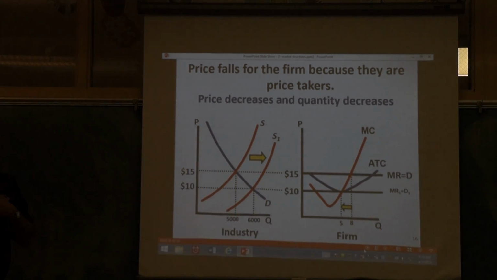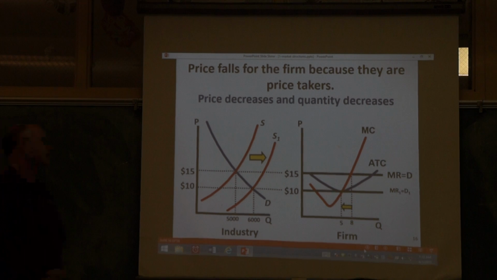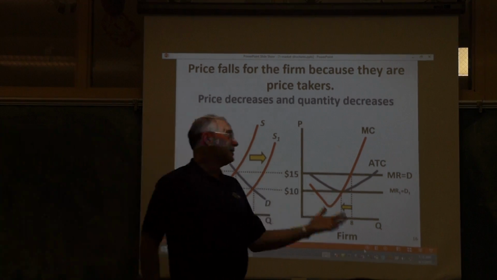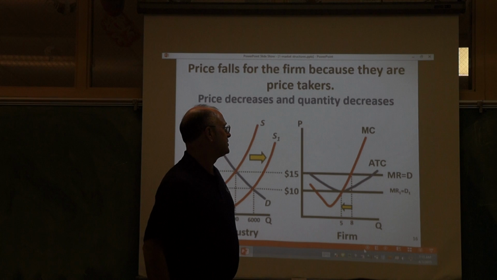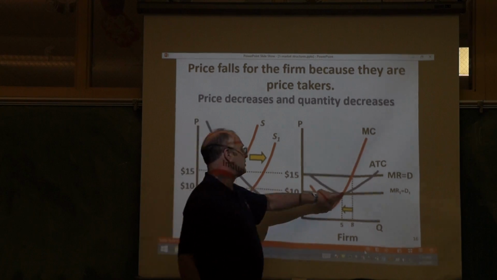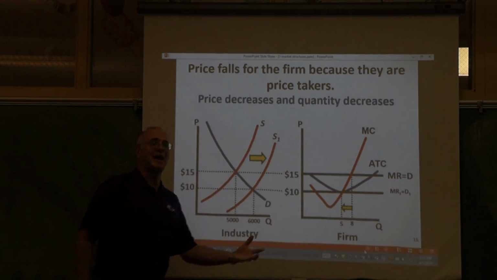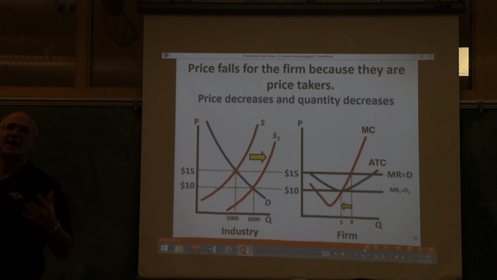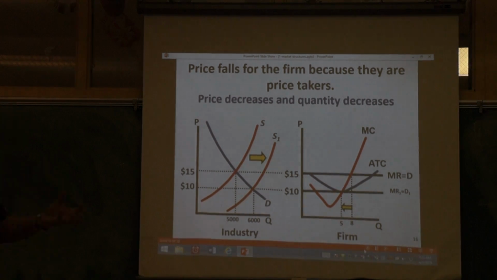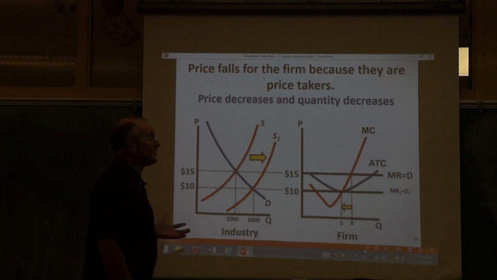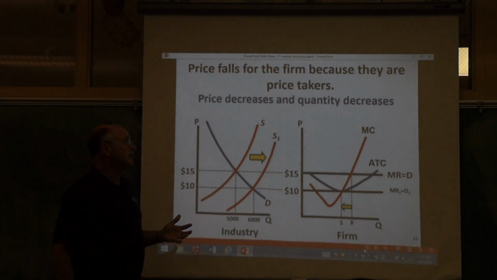Now, something the AP exam likes to ask is, why would they be in business? Well, even though you're making zero economic profit, you're making accounting profit. Remember, accounting profit is cash. So businesses can make like $1 million a year and make zero economic profit.